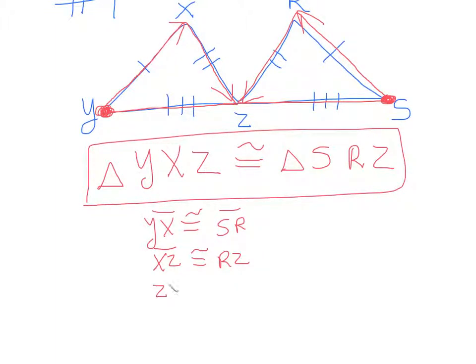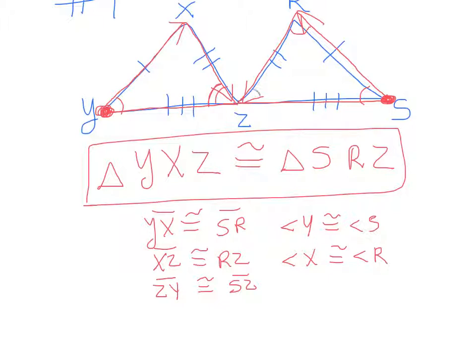ZY, or YZ, whichever of the two, is congruent to SZ. And then you're going to have to also mention the angles. Angle Y is congruent to angle S. Angle X is congruent to angle R.